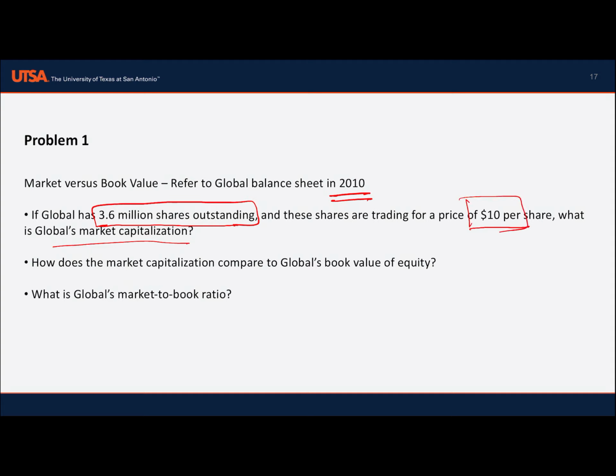How does the market capitalization compare to Global's book value of equity? We should look at Global's book value of equity and compare it with the value we found. And what is Global's market to book ratio? Just market value divided by book value.